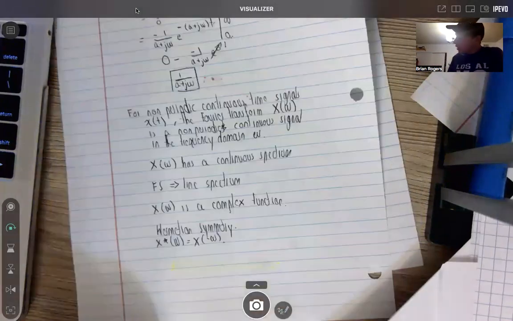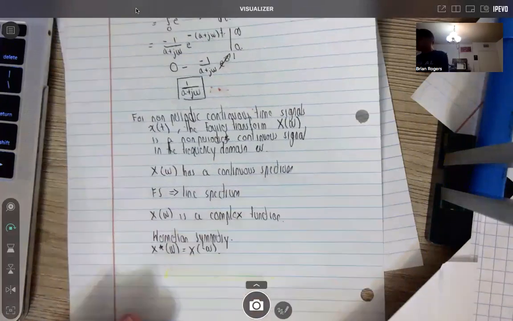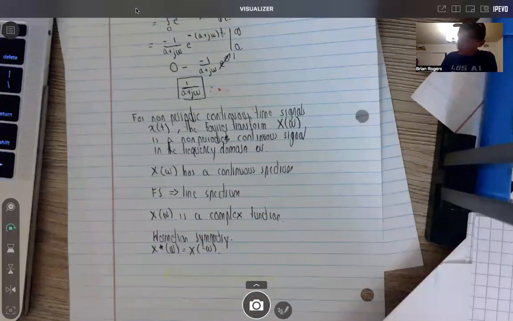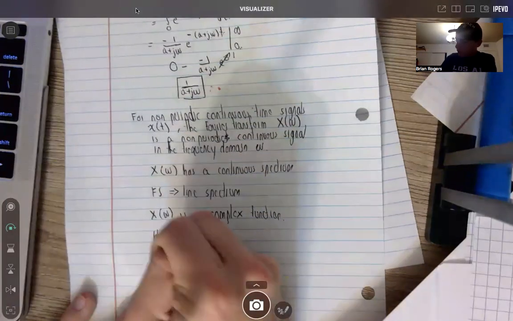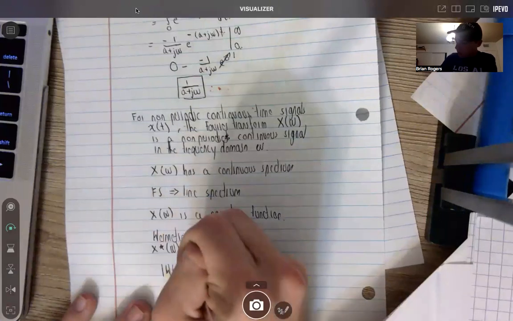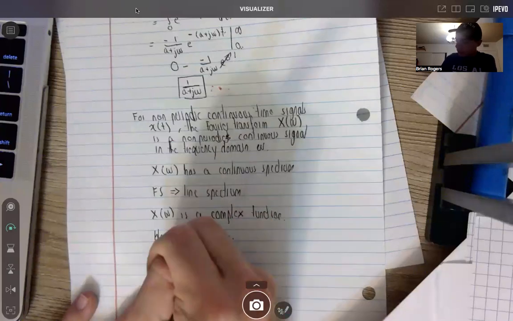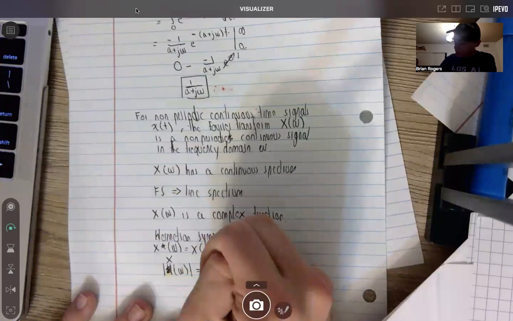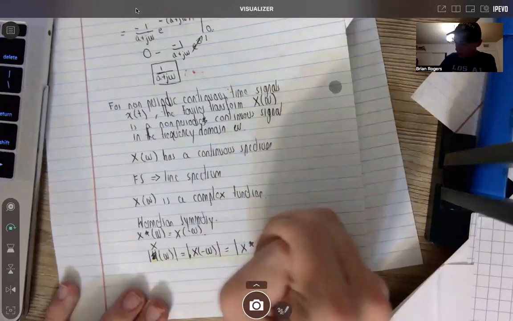This is basically saying that our magnitudes are even, but our phases are odd.